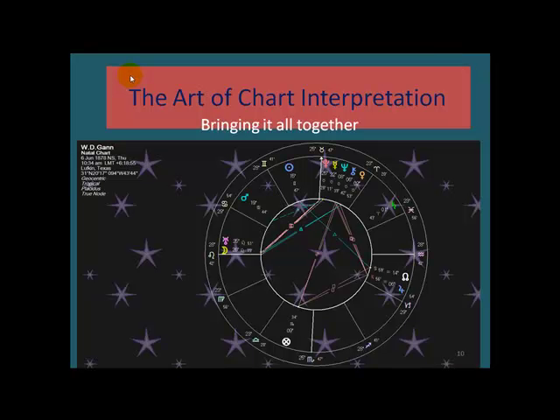The last lesson has to do with chart interpretation. You're given lots of keys in astrology and lots of symbolism, and half of the time you don't know what to do with it. Part of the experience of doing more and more charts is understanding how to bring all the puzzle pieces together, make a picture and understand what it's all about. That's the whole point of this chart, bringing all the symbolism together.